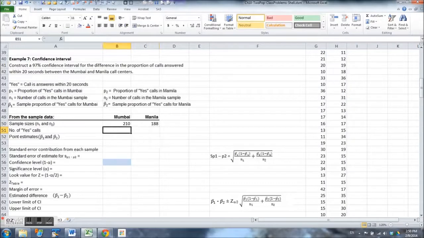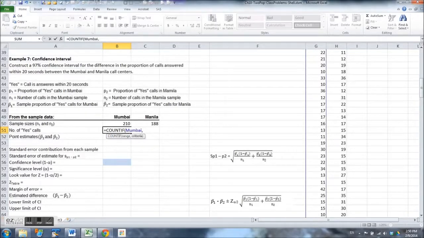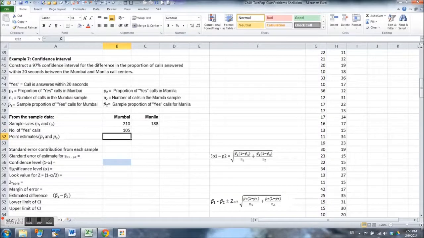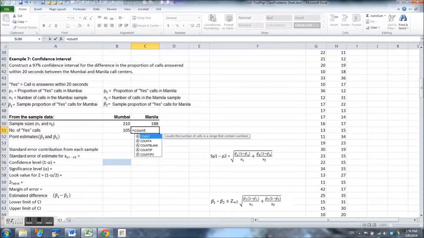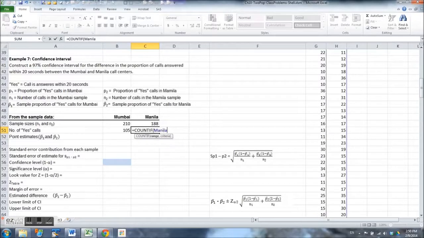The number of S calls will be count if Mumbai, then within quotation marks less than or equal to 20. So that will count all the calls with less than or equal to 20 seconds of call answer time. Then same count if for Manila, comma, quotation mark, less than or equal to 20.